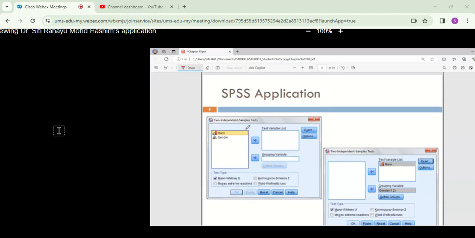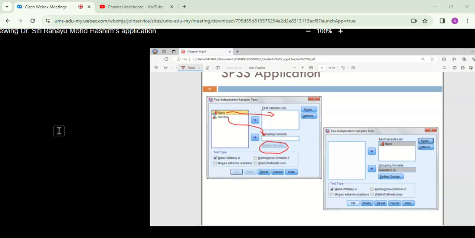Okay. So here it says two independent sample tests. So the rank goes to the test variables because it is the test statistics, and the gender goes to the grouping variables, and you need to define the group as usual, the same way how you define your groups in your independent t-test.